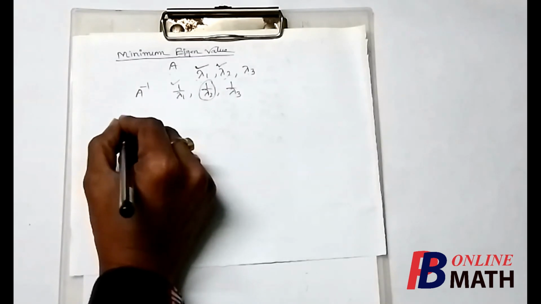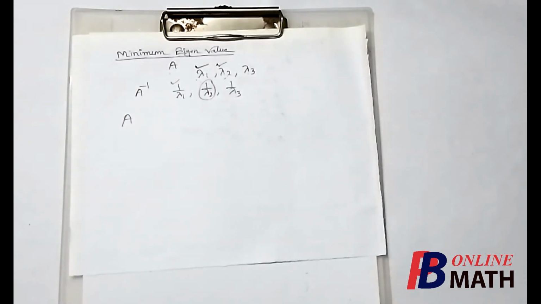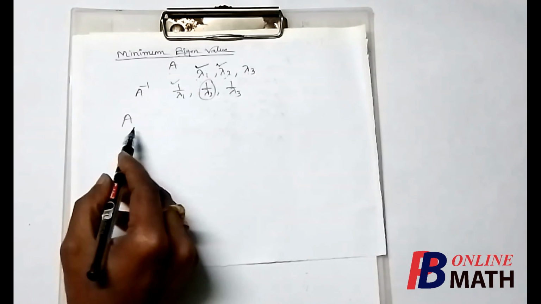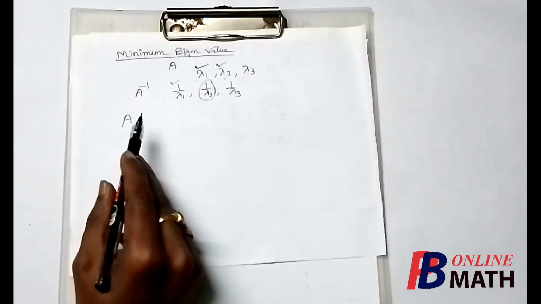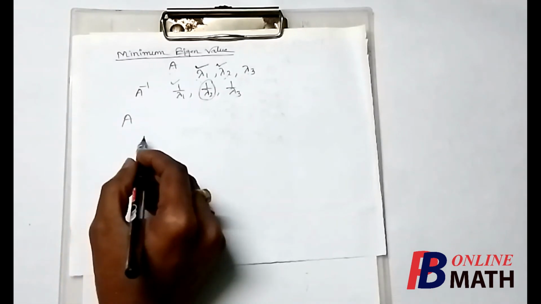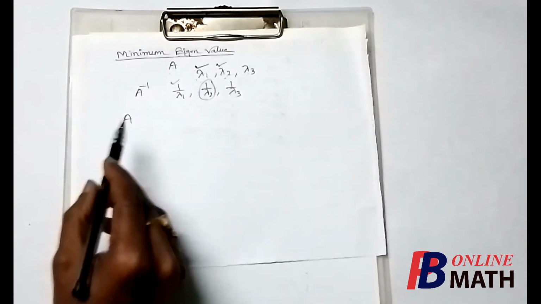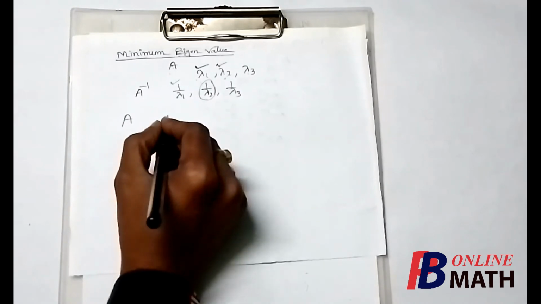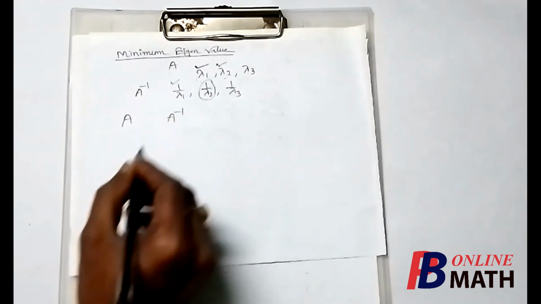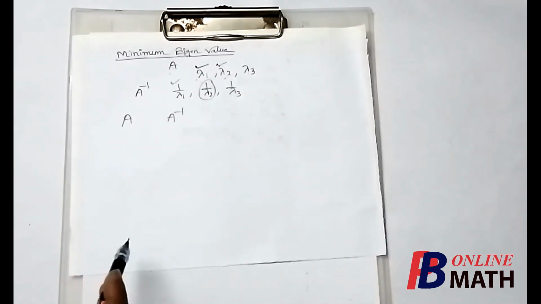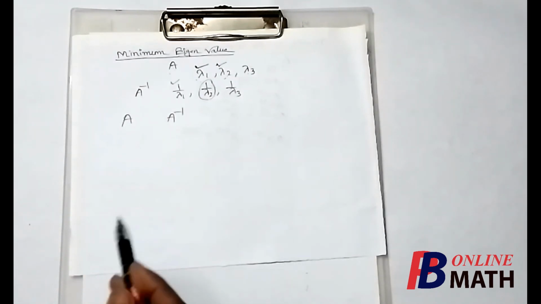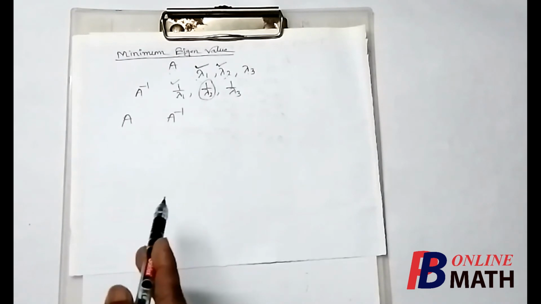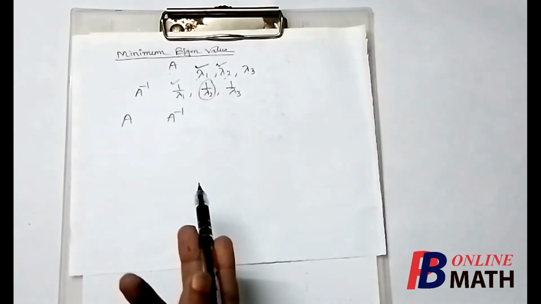Suppose a matrix capital A is given and we need to find the least eigenvalue of this matrix, and the power method only finds the maximum eigenvalue. For that reason, to find the minimum eigenvalue of A, we shall compute A inverse. There are several methods to find A inverse. We can find A inverse by adjoint A by determinant A. We can find A inverse by Gauss-Jordan's matrix inversion method.